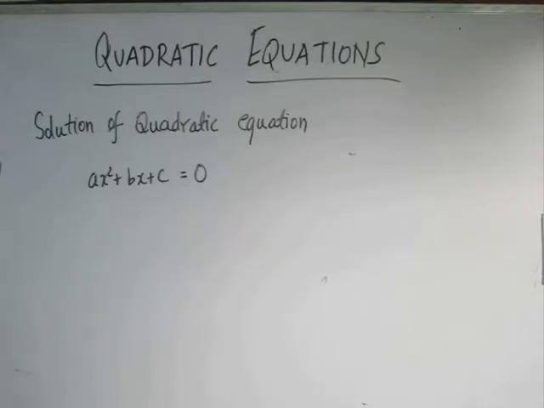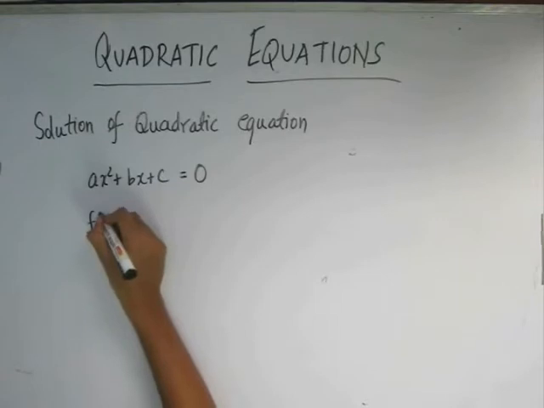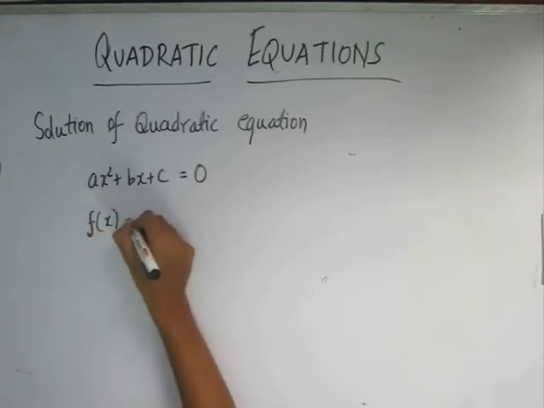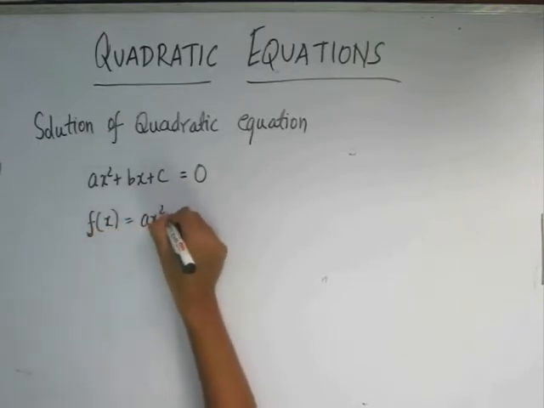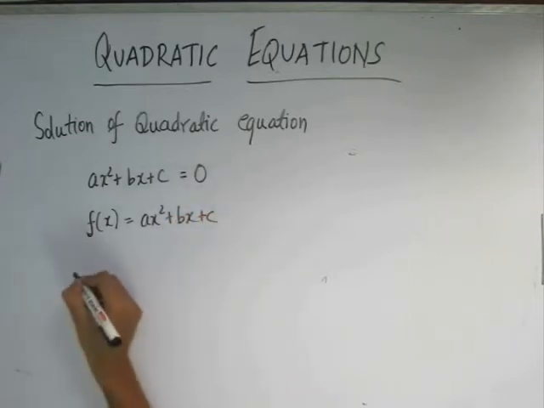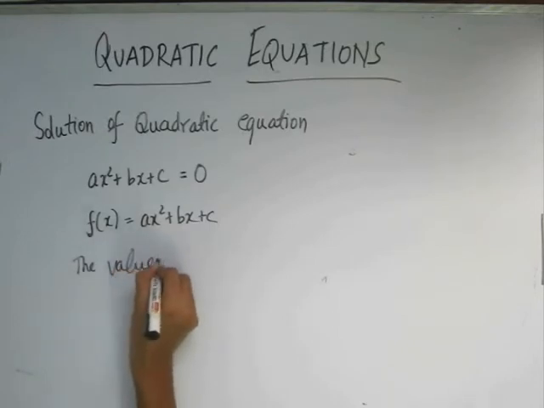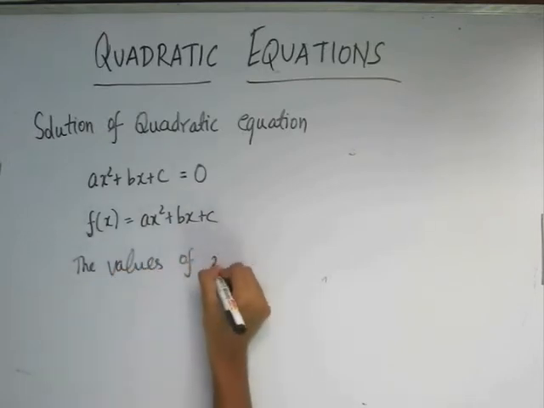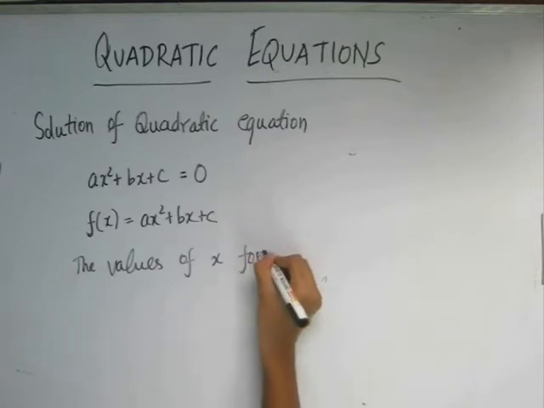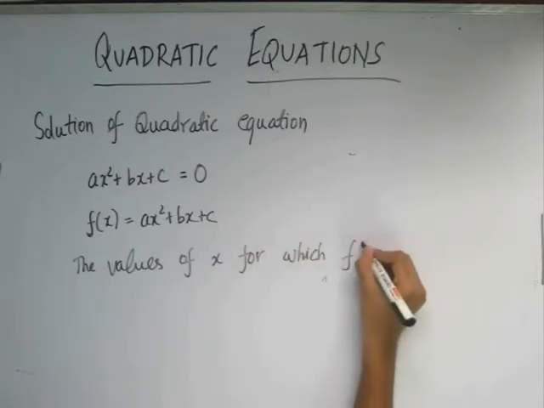So when we talk about the solution of a quadratic equation, suppose we define ax square plus bx plus c as f of x. The values of x for which f of x becomes 0.